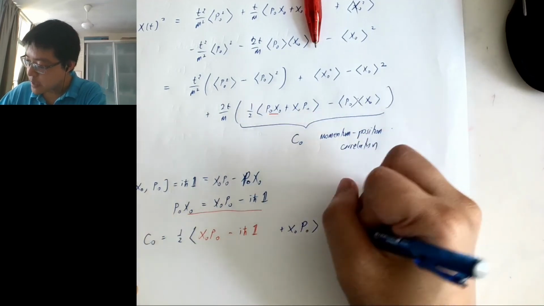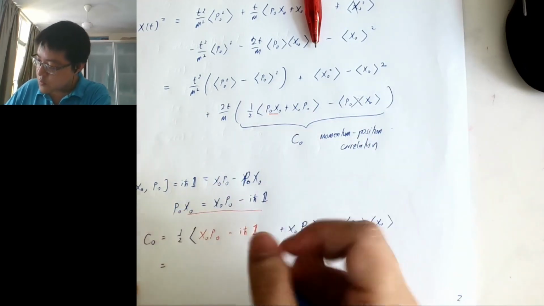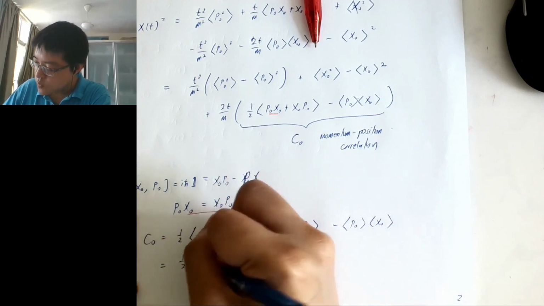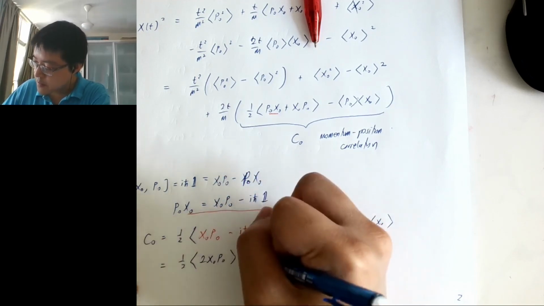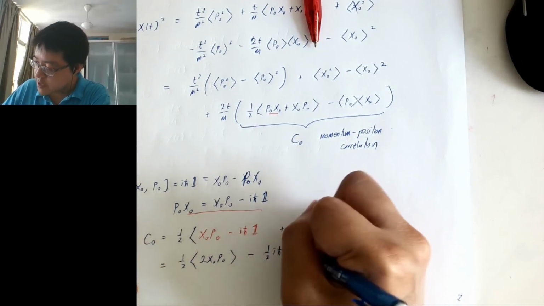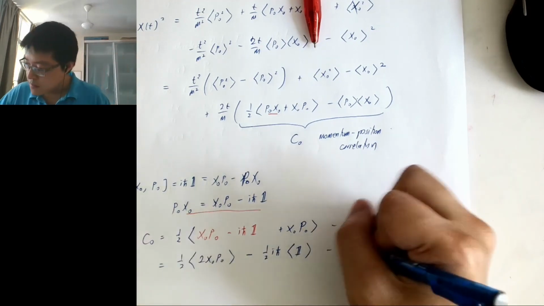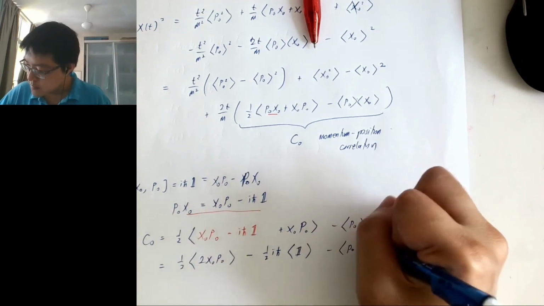And then minus px over here. So this is half, this is 2xp minus half iħ expectation identity. Expectation of the identity, whatever the state, is just 1, right?